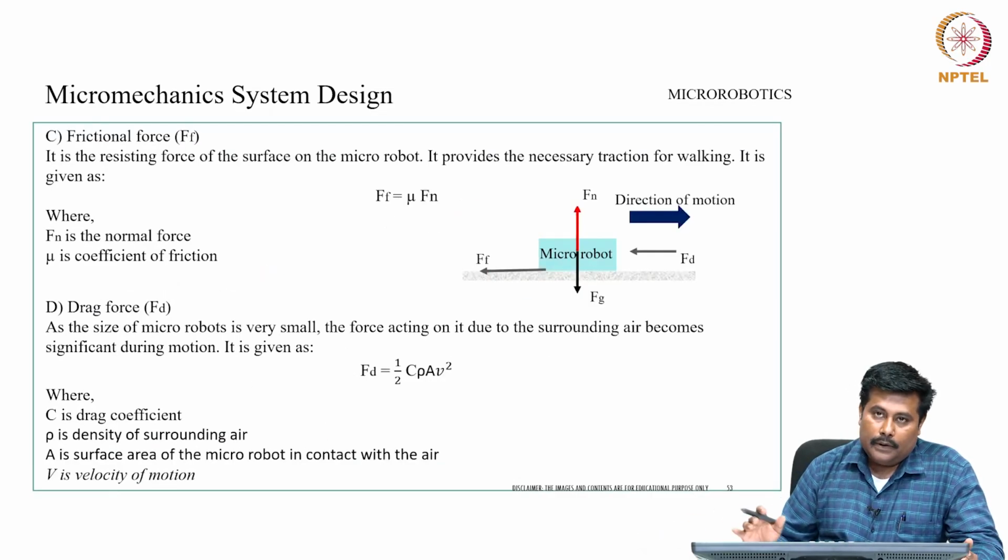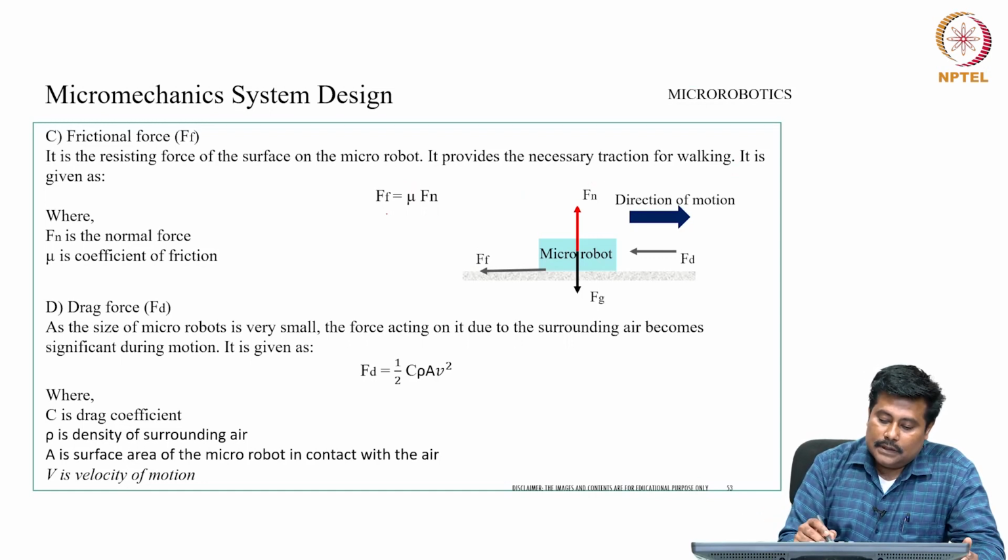Now, we may need to consider the frictional forces. It is the resistive force of the surface on the micro robot. It provides the necessary traction for walking. It is given as Ff equals mu Fn.